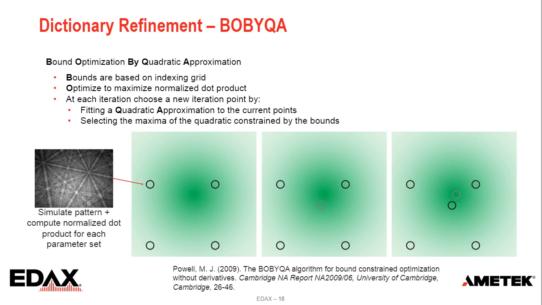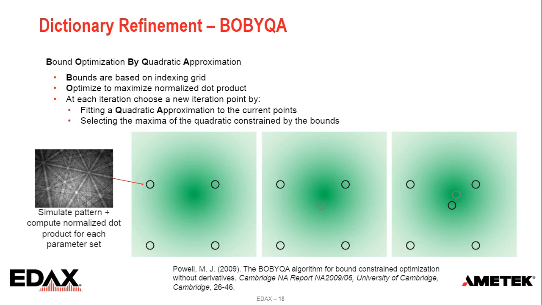And the idea is that you take the points you have near the peak, fit them with a quadratic, and use the quadratic fit to say, here's where the local minimum of that quadratic is. That should be close to our actual minimum. Evaluate the orientation at that point.